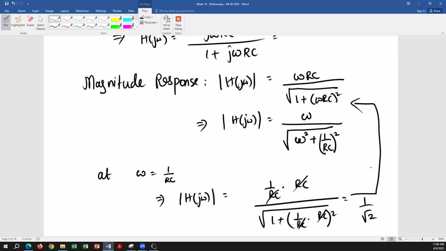And if you're still getting 0 over 0 or infinity over infinity, then you take the differential again and apply it again. But anyways, once you do that, you're going to get that when omega tends to infinity, H of j omega is going to be equal to 1. I'm not doing all the derivation, but it's going to come out to be 1.